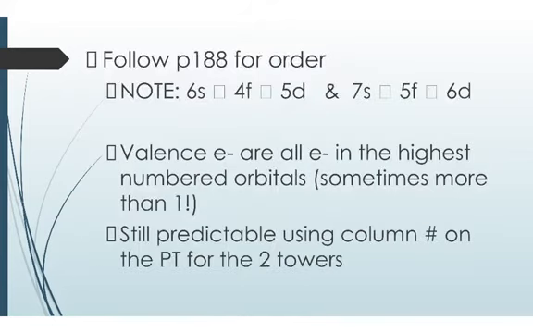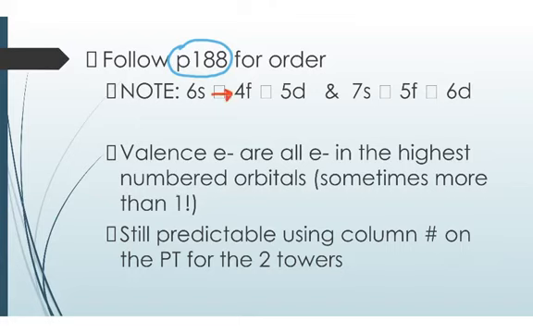So a couple of things that we'll see going further along. First of all, there's a very helpful tool, and I'm going to use a picture of it in our lesson today, and that is a schematic on page 188 that shows us the order of how electrons fill orbitals. And as we get lower in the periodic table, we're also going to notice there's a bit of a detour. If you look at the actual numbers of the elements, you're going to notice that we have a detour after 6s.